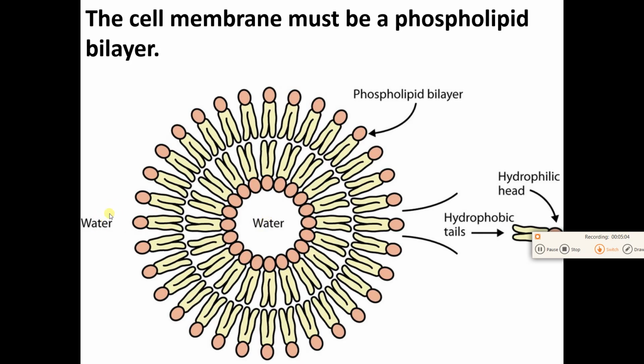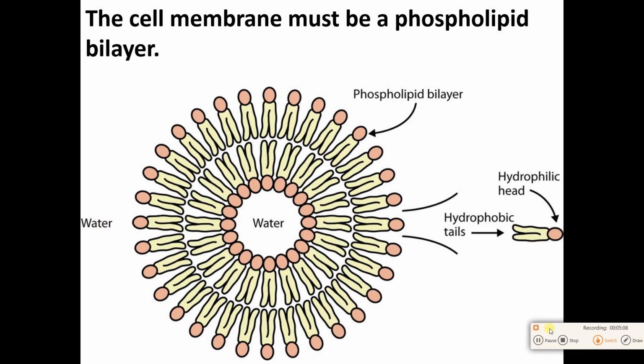The outside of the cell has extracellular fluid, which is also water. Because the phospholipids have a hydrophilic part and a hydrophobic part, we have to make sure the hydrophilic part is facing inward and outward. This is why we need a double layer, a bilayer.